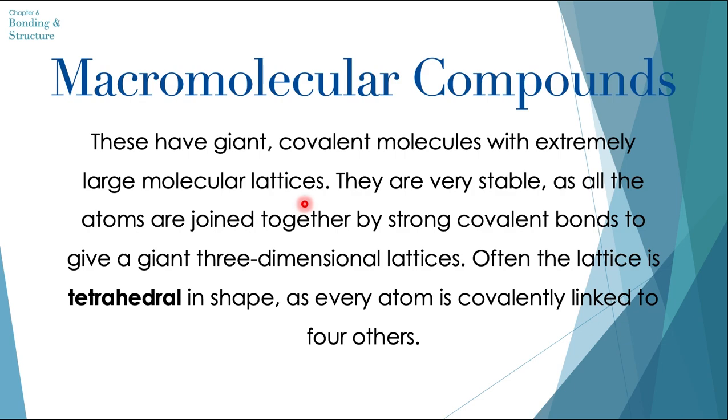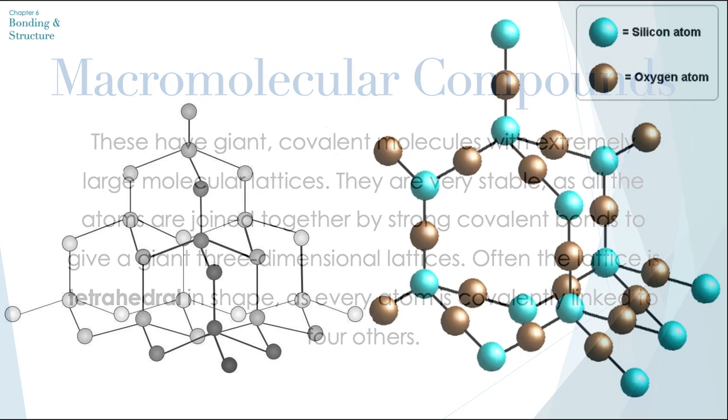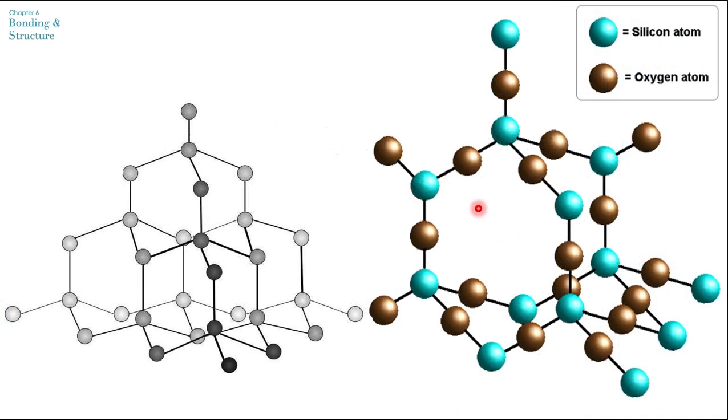And unlike the other covalent compounds, the molecular compounds, these lattices are very stable, as all the atoms are joined together by strong covalent bonds to give a giant three-dimensional lattice. Often, the lattice is tetrahedral in shape, as every atom is covalently linked to 4 others. Here you can see the shape of these lattices.